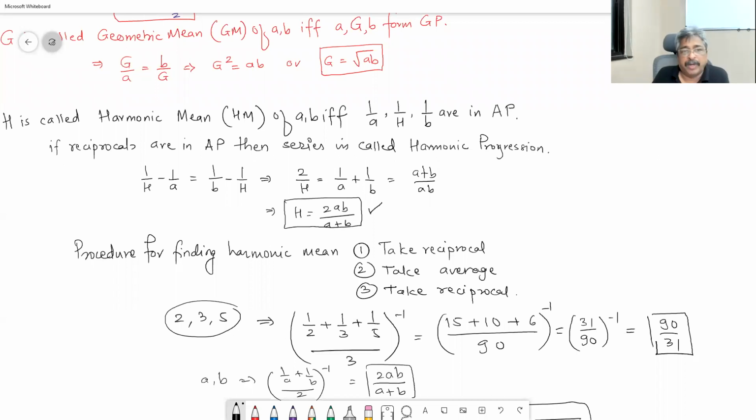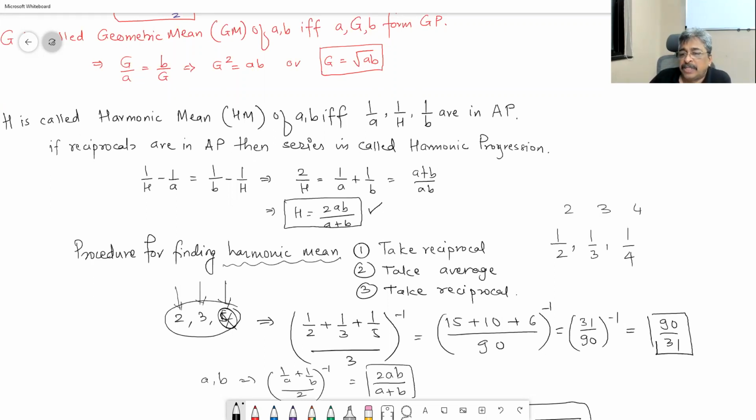Just to give you an algebraic idea about how to calculate harmonic mean, I took these three numbers, but I am not supposed to take these three numbers. Let us say 2, 3 and 4 are in arithmetic progression. So I should have told you to find the harmonic mean of 1 upon 2, 1 upon 3 and 1 upon 4, not 1 upon 5, because after taking the reciprocals, they need to be in arithmetic progression.